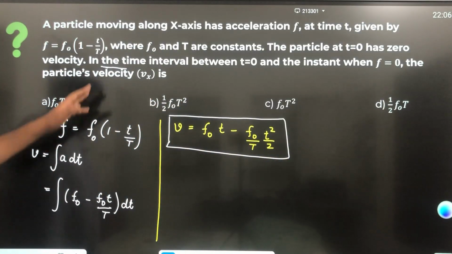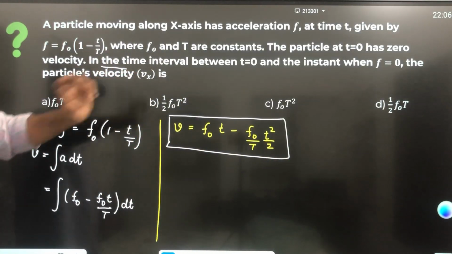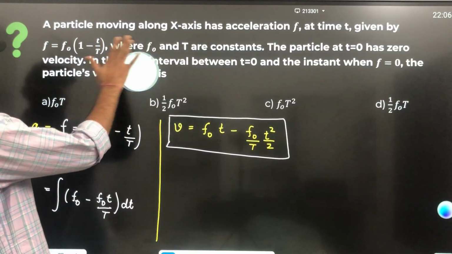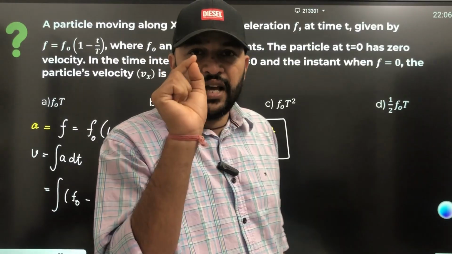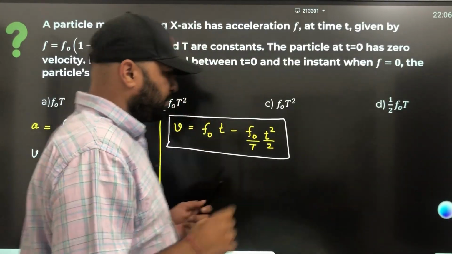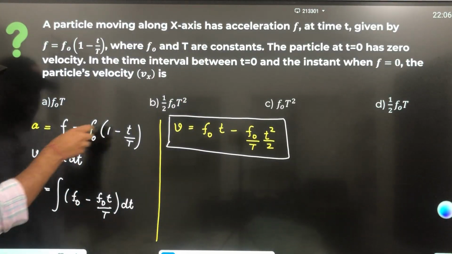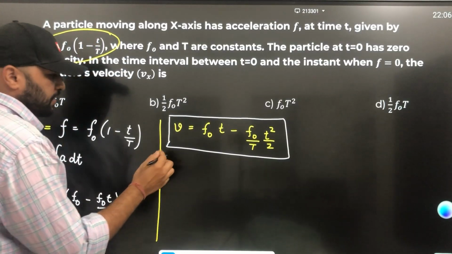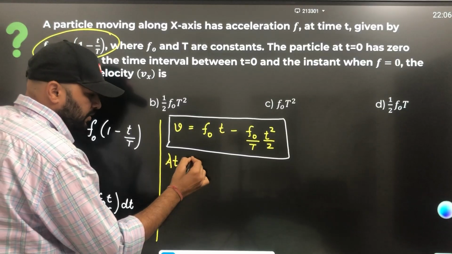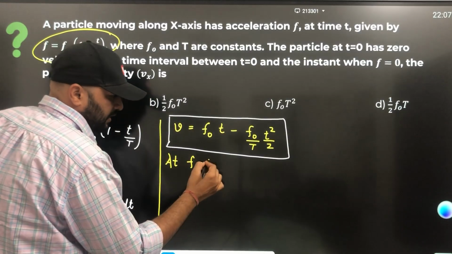Great. Now let's see the next part. In the time interval t equal to 0 and the instant when f equal to 0, we have to find the particle's velocity when f is 0, right? So first, in our main equation, we have to put f as 0. At f equals 0, what's the value of t?